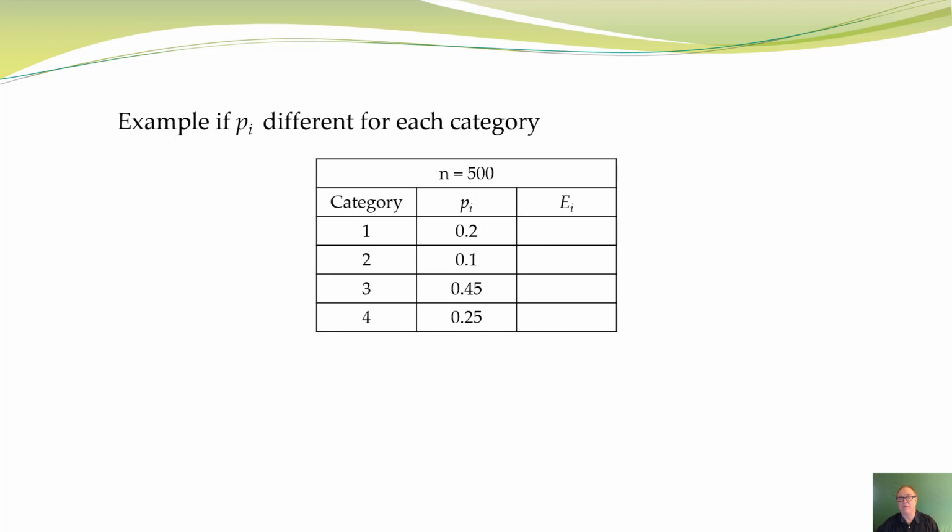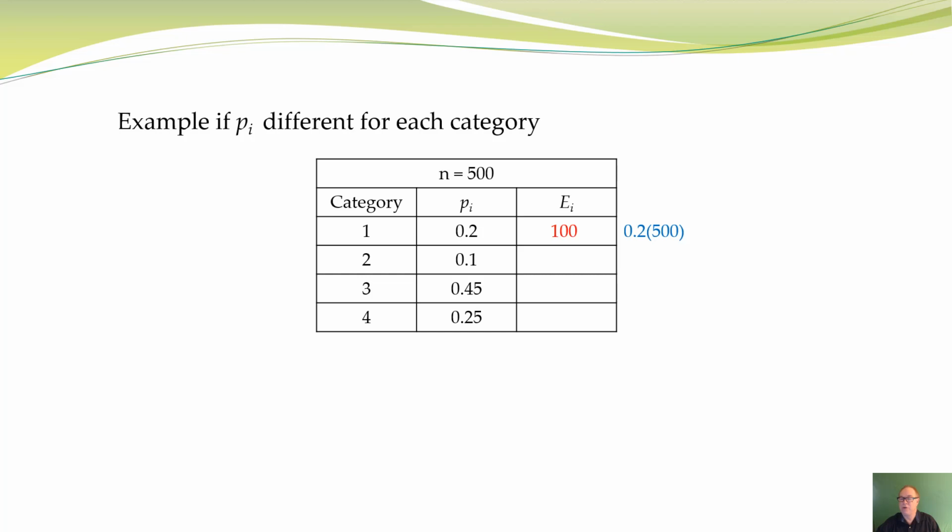Now, an example where p sub i is different for each category. If I had 4 categories and my count is 500, and p1 was 0.2, that's the probability I'm going to be in category 1. You take 0.2 times 500, so the expected count for category 1 would be 100.